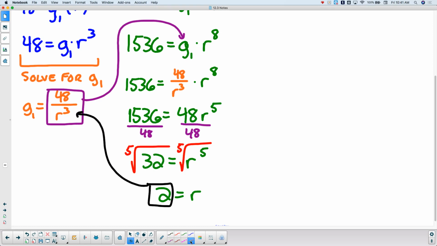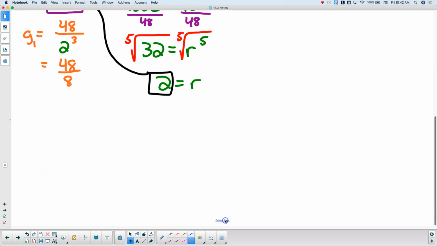That's going to give me g sub 1 is equal to 48 divided by 2 cubed. What's 2 cubed? 8. 48 divided by 8? 6. So my first term is 6.